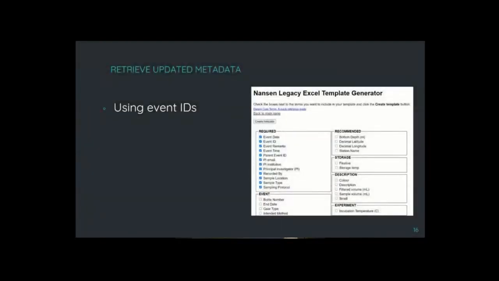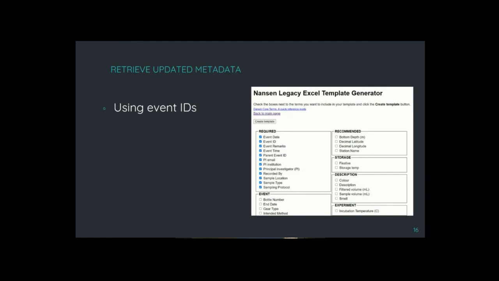But it's also worth noting that you're not starting from scratch when you're publishing your data. Many of you have used the template generator and the sample logs. So you've already logged some metadata in a standardized way, and this should make it a lot easier when it comes to publishing the data.